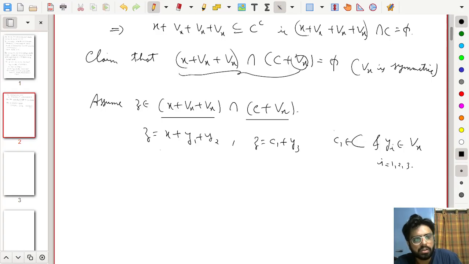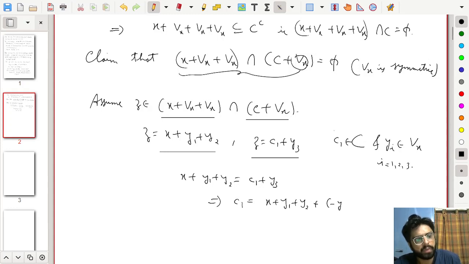So these two elements are equal: x plus y1 plus y2 equals c1 plus y3. Taking y3 to the other side, c1 is equal to x plus y1 plus y2 plus minus y3. Since V sub x is symmetric, minus y3 belongs to V sub x.